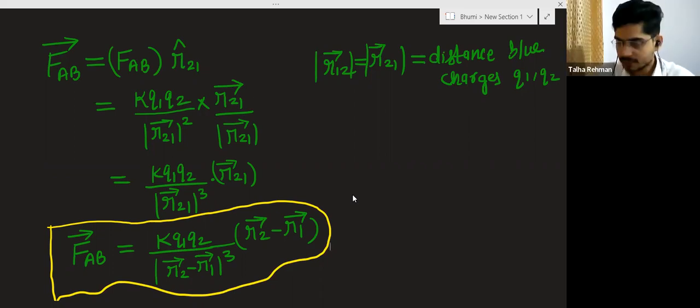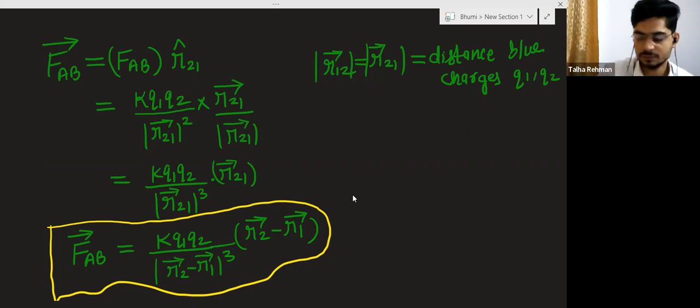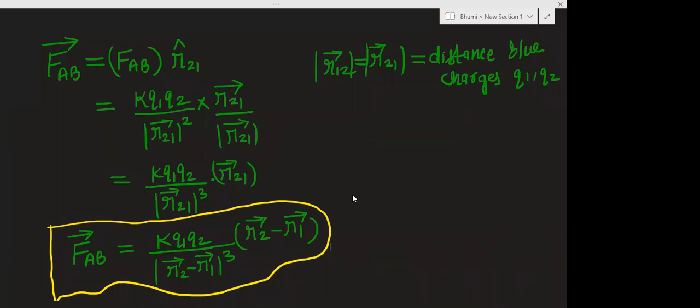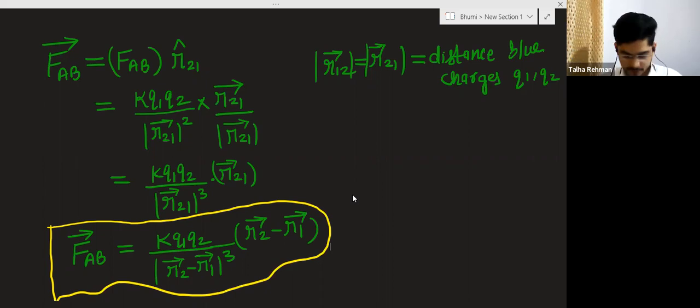Okay, so this is all about Coulomb's law in vector form. Vector form means you are writing the force in vector form. Okay, noted.